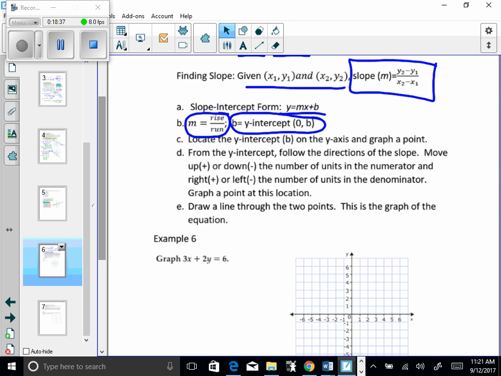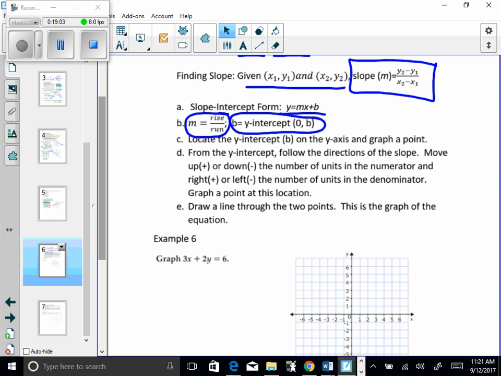These are just the instructions that you can go through to graph using slope-intercept. So it says locate the y-intercept on the y-axis and graph that point. So we're going to put that point 0, b in. From the y-intercept, you want to follow the directions of the slope. Move up or down the number of units in the numerator. So up if it's a positive and down if it's a negative.